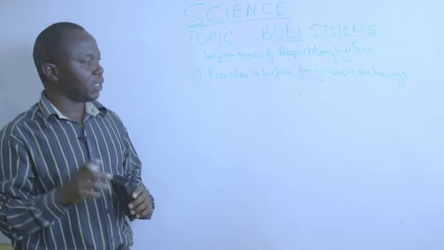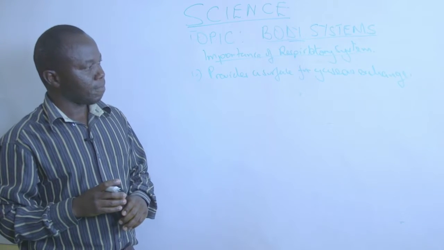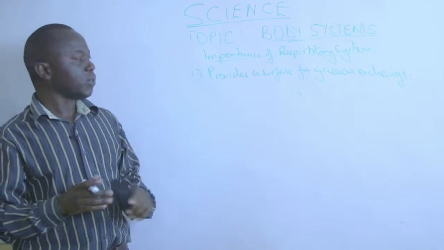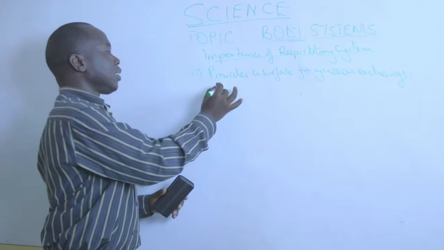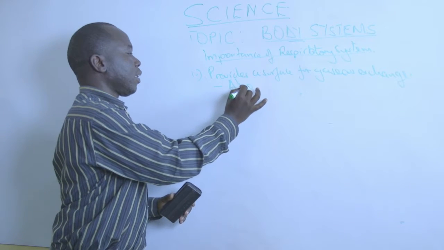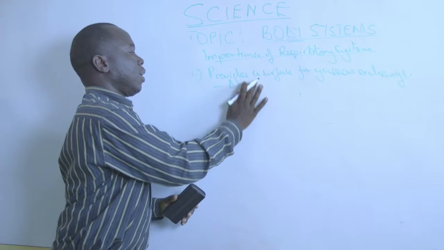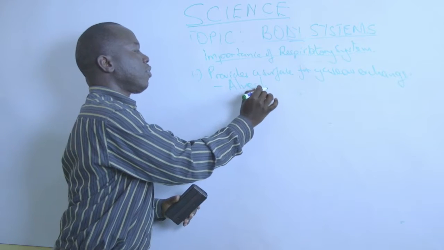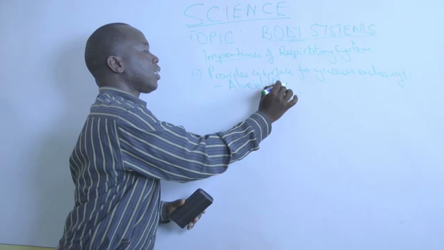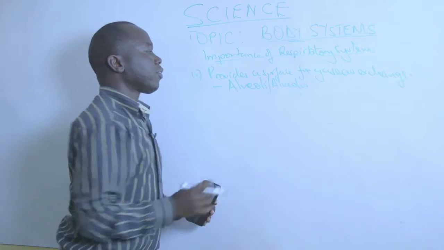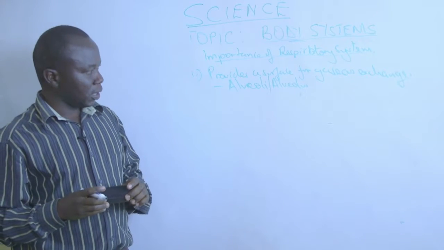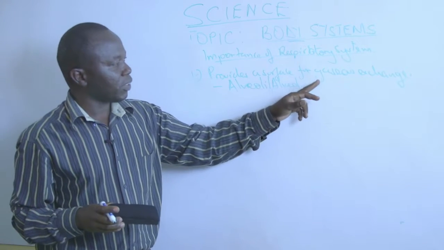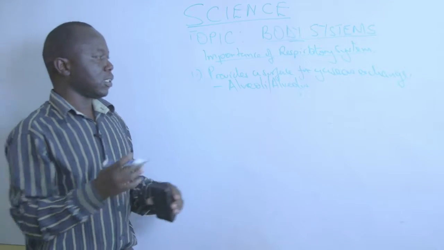What is that very major structure? I think you have gone through and you can realize that we have mentioned that it is the alveoli, or alveolus if it is one, that forms the major site for gaseous exchange. How is it providing a surface for gaseous exchange?